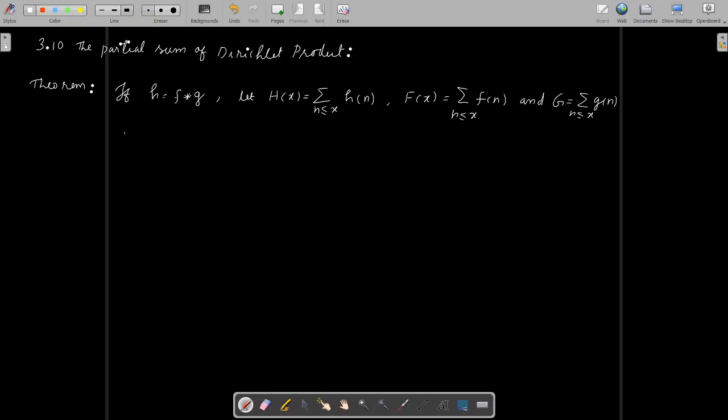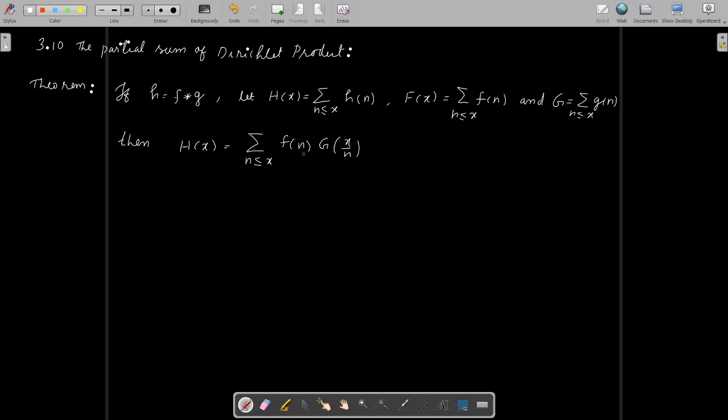Then we have H of x equal to sigma n less than or equal to x, F of n, G of x by n.